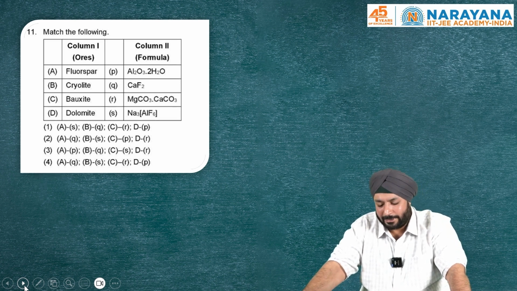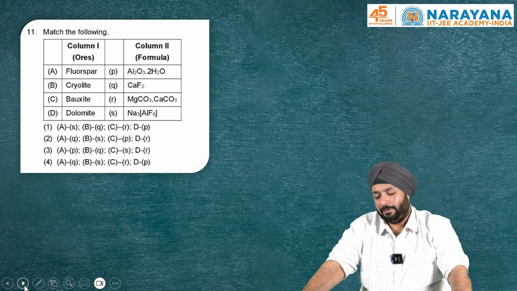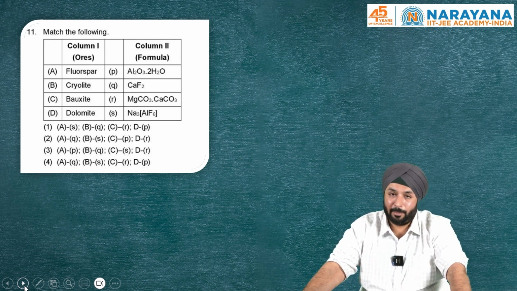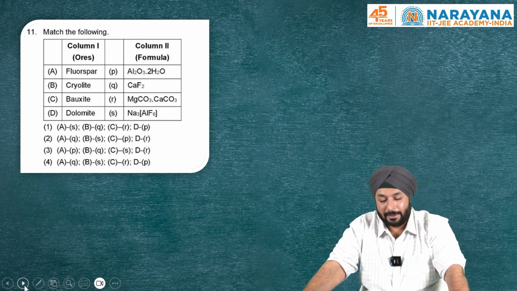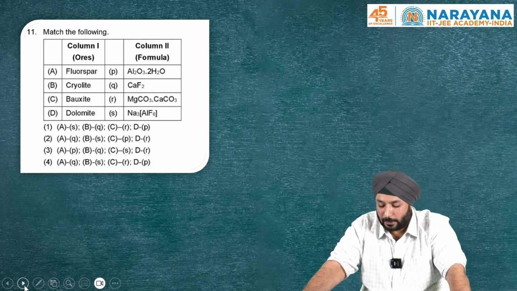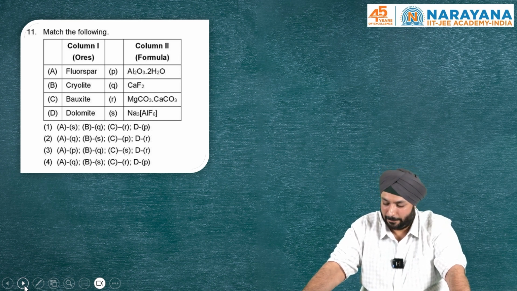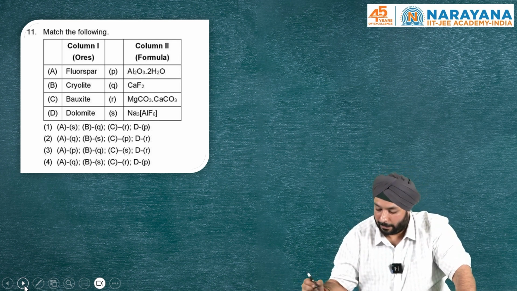Now it's the matching question. Now again, this question came from your ores and metallurgy. Now dolomite is the only option which generally student doesn't know, but every other student will know all the things because they're very general compounds, right? Now fluorspar. What is fluorspar?